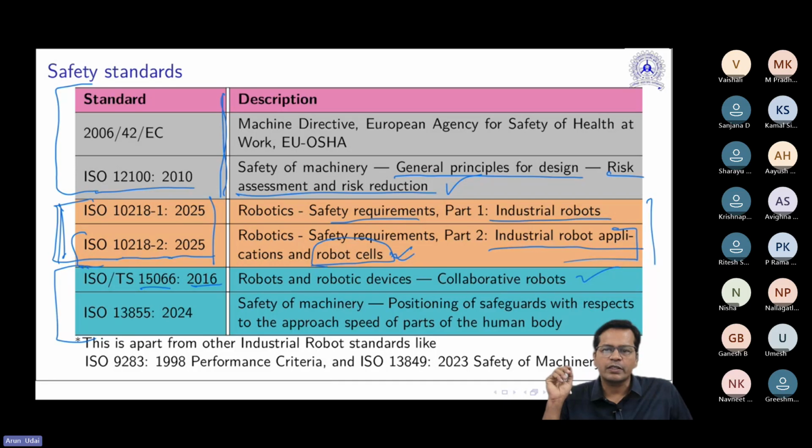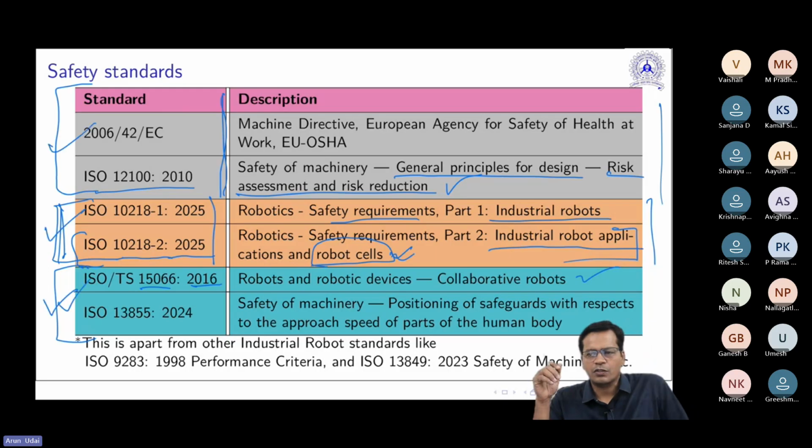So it is very important for teachers, and for students who are going to pass out and maybe be roboticists or in the robot environment. Even if you are a maintenance engineer, you may not be a roboticist, but you are in an automated workspace, so you should be aware of these standards. Two for the machines, two for the industrial robots, and the last two only for the cobots.